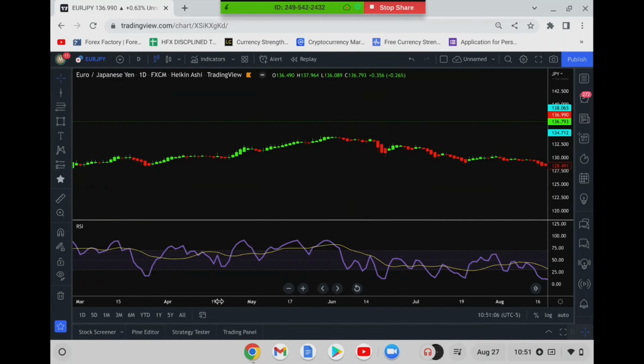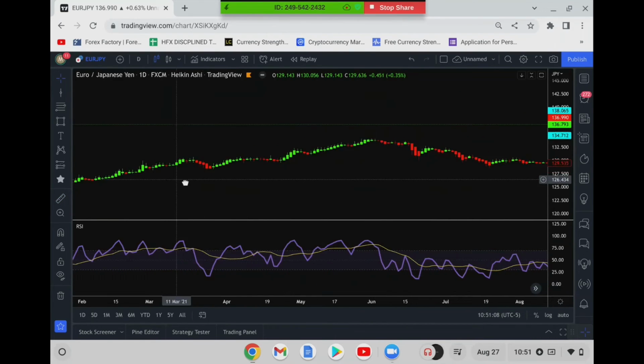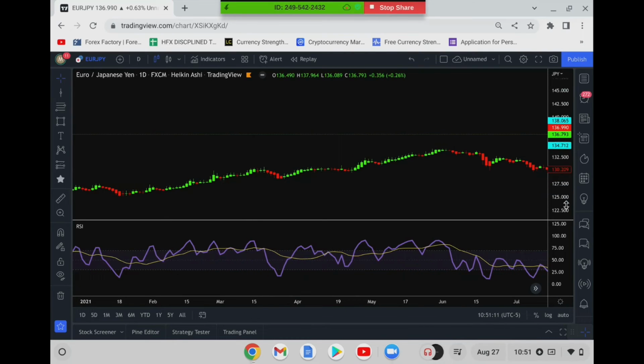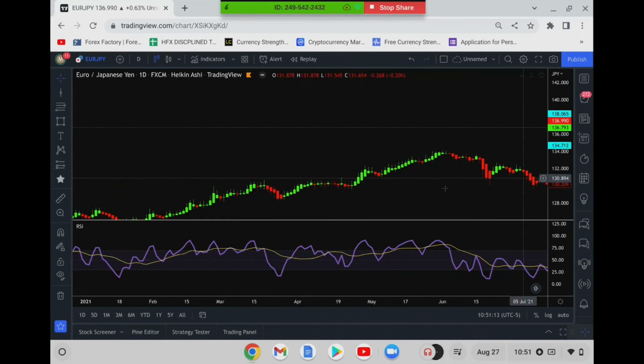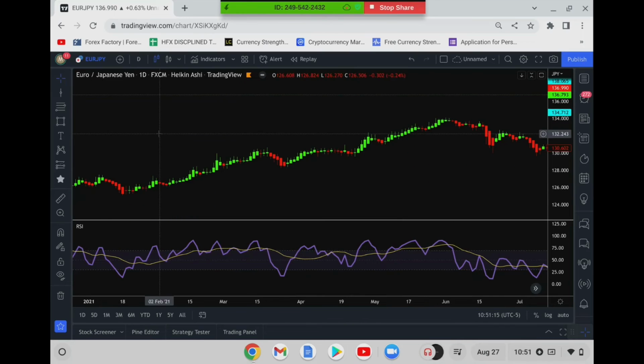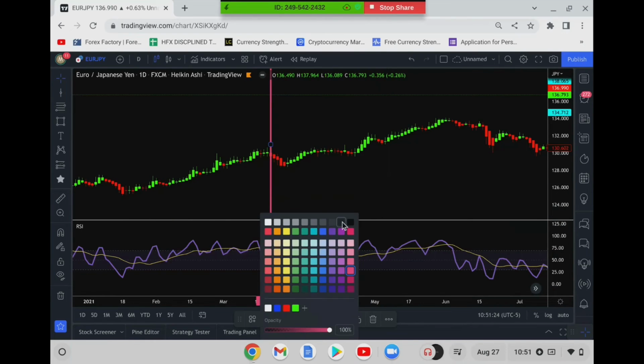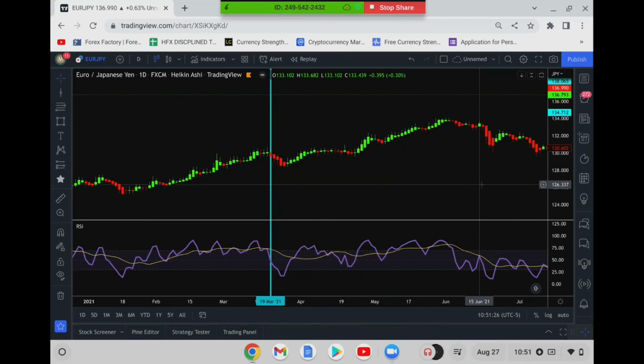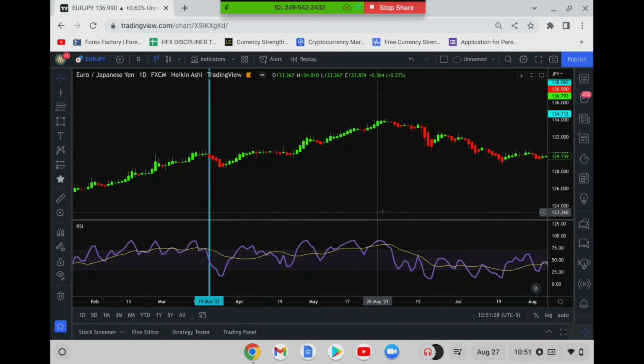All right, you guys, so I want to point out this little section right here when it comes to our home base and our continuation signals, all right? So we're going to be looking at this portion here between these two lines. This blue line and this blue line.